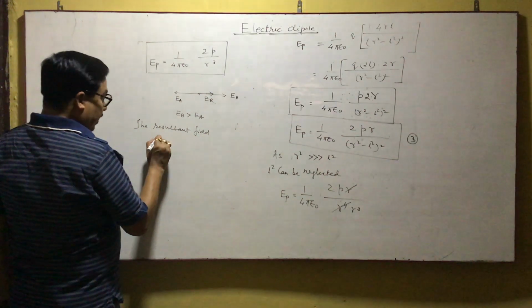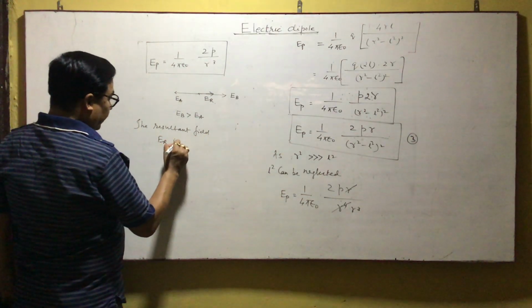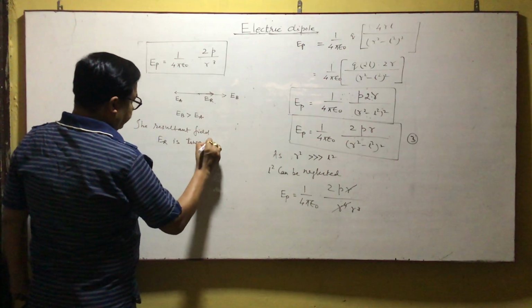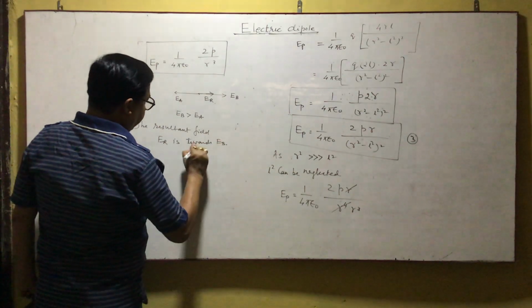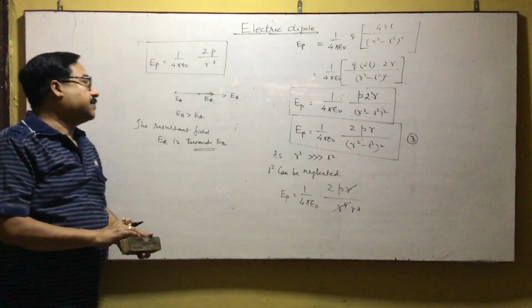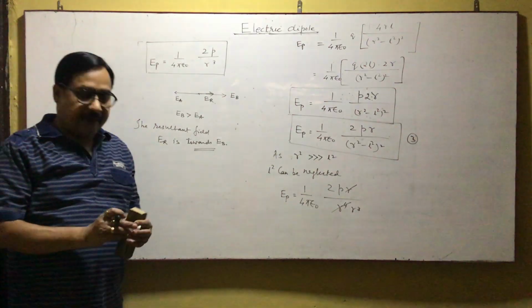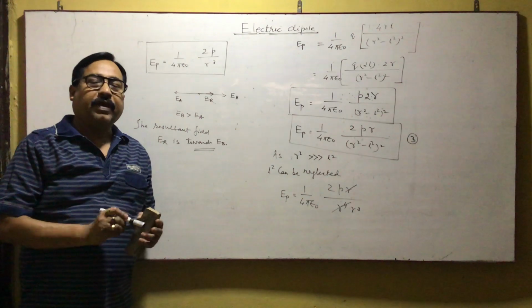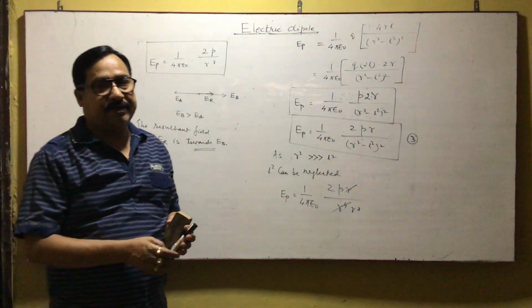Resultant field ER is towards EB. So this is the expression for electric field due to an electric dipole at a point on the axial line. Thank you.